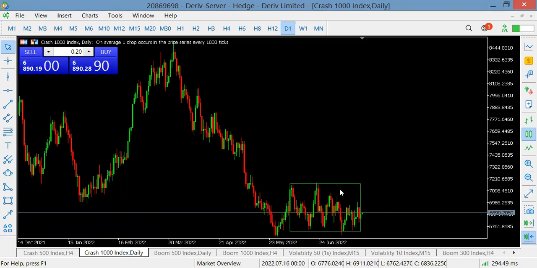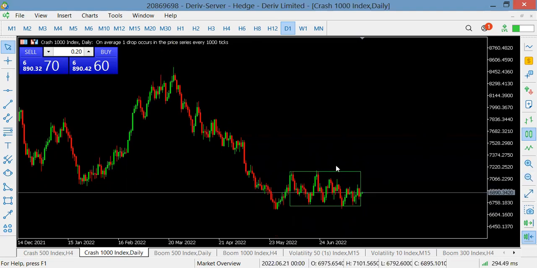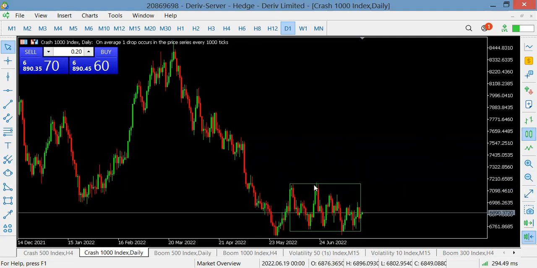Once this rectangular box is broken by price to the upside, and then we see a possible retest of a good point of interest, then price might be continuing bullish. But if price breaks this zone to the downside, then we might be seeing a continuous bearish move.